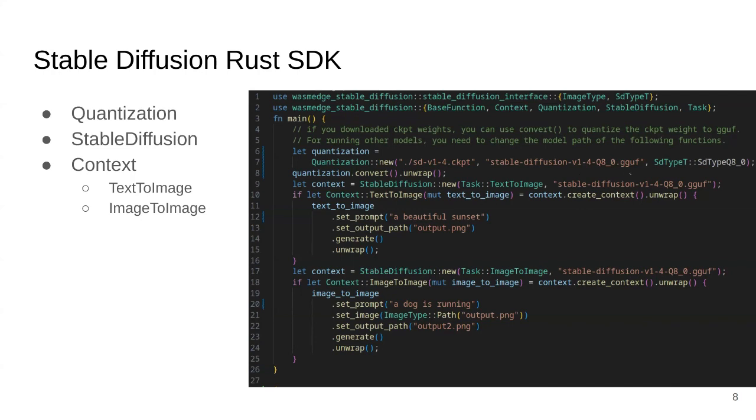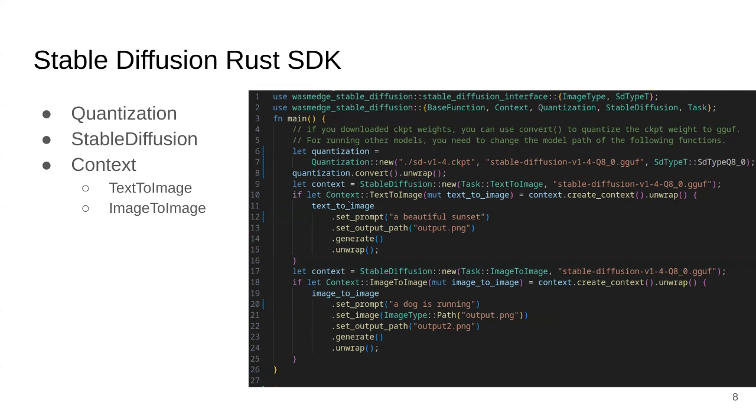Stable Diffusion currently supports float 32, float 16, and 4-bit, 5-bit, and 8-bit models. I downloaded the CKPT weight, so I will call the convert function to quantize my model. But if you download the GGUF, you can directly run image-to-image and text-to-image.